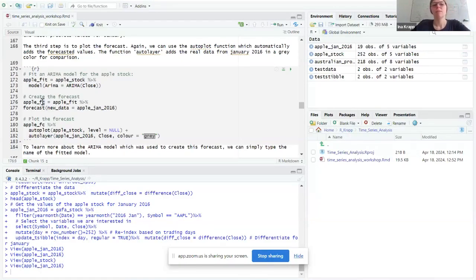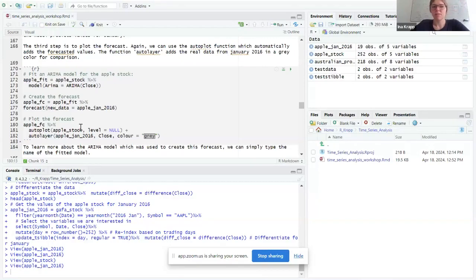Now, this model, as a convention, is given this FC ending, FC for forecast, and there the forecast is saved. After we already have the forecast, this will be an object. We won't be able to do much with this initially. We need to plot it to understand it better.